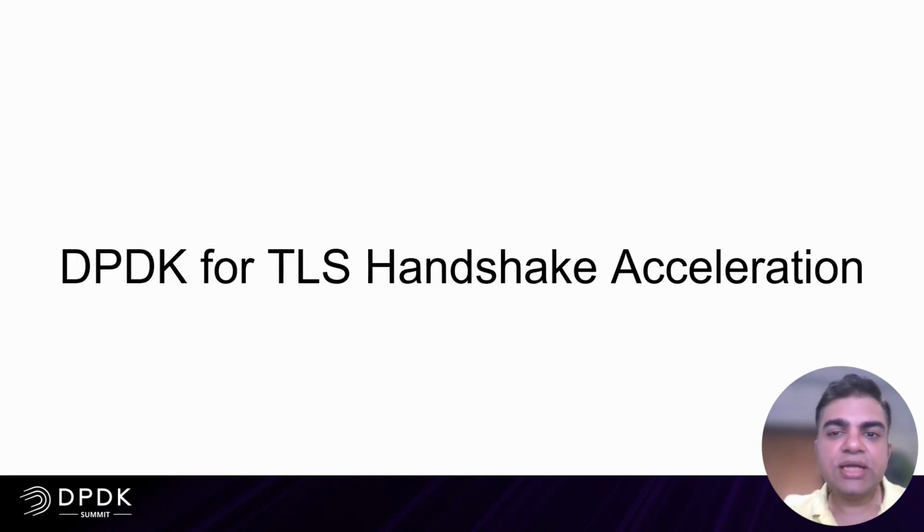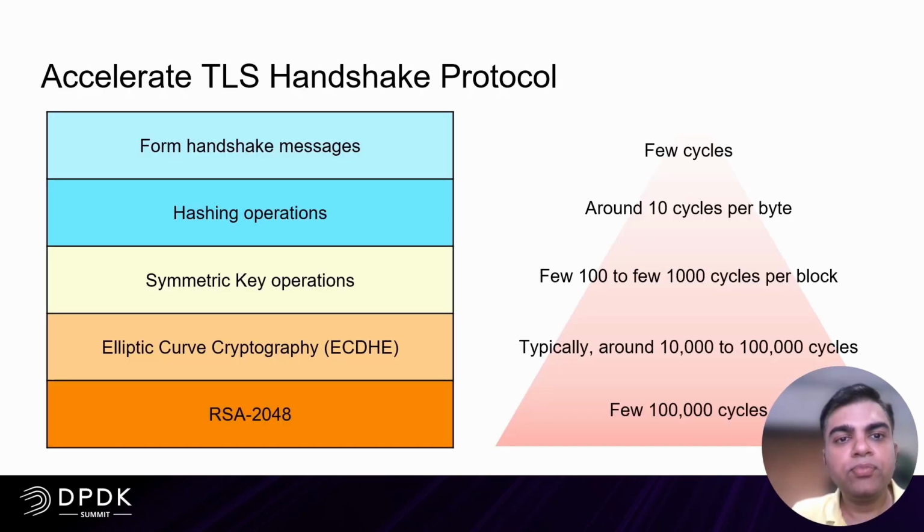As we discussed the TLS handshake, now we will see how DPDK can help in improving TLS handshake performance. There are multiple operations involved, like creating handshake messages, which the application can do in a few cycles. Apart from the creation of messages, all other processing involves cryptographic operations, which if done in core may take a lot of cycles.